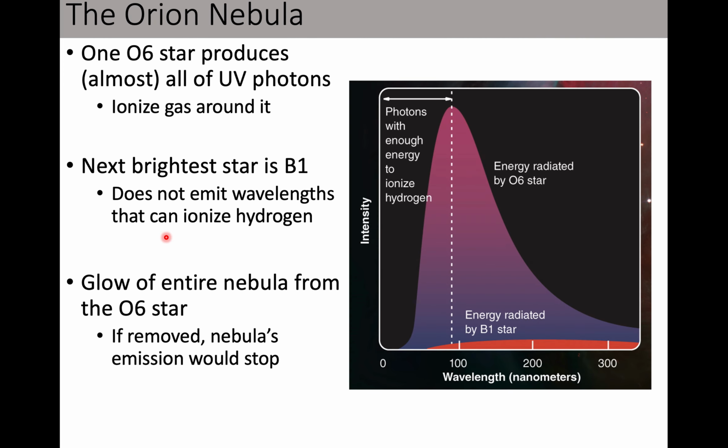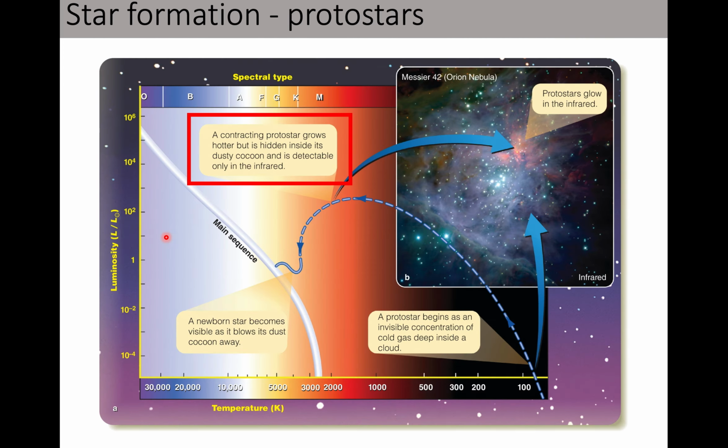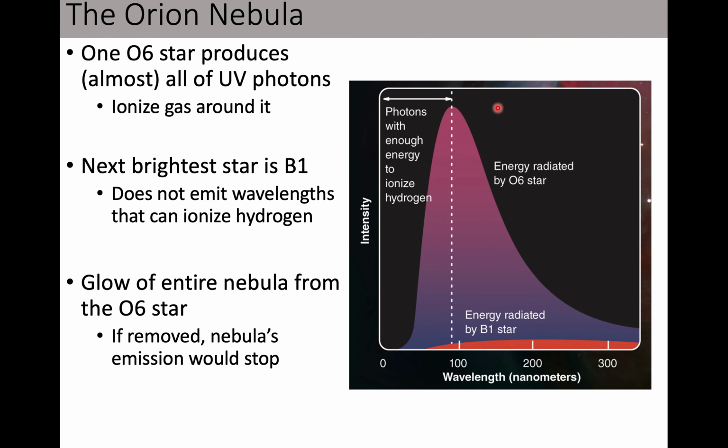So if we look at the Orion Nebula as an example, this same one that I showed here, where we know there are protostars forming, the Orion Nebula has one O6 star. So remember, O is the brightest, so is the hottest.